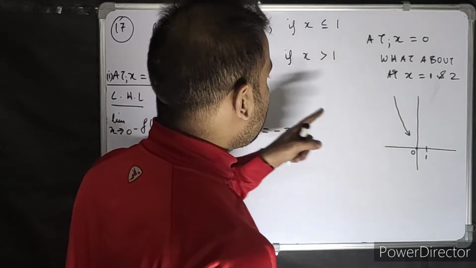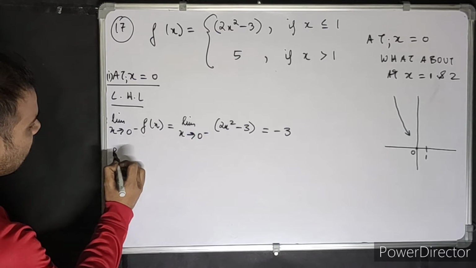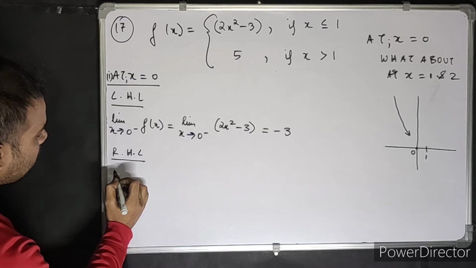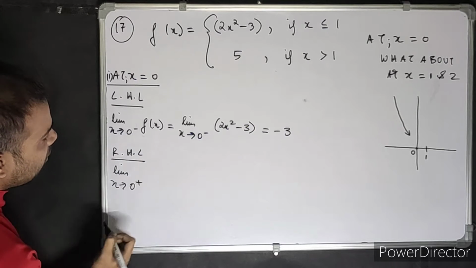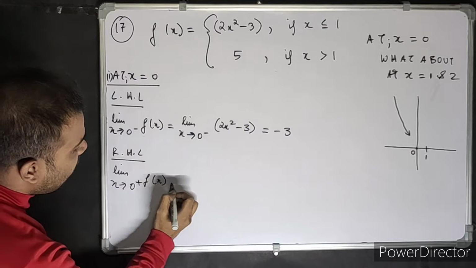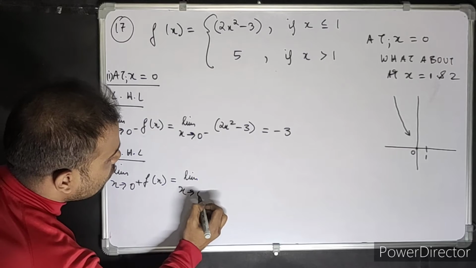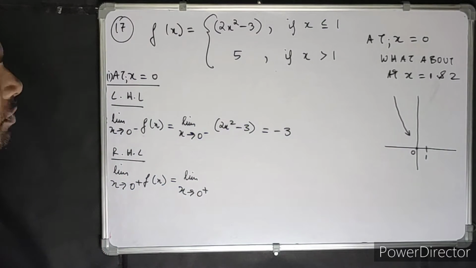Now let's check at positive. Then RHL, limit x tends to 0 positive, f of x is equal to limit x tends to 0 positive. Now which function will we use?